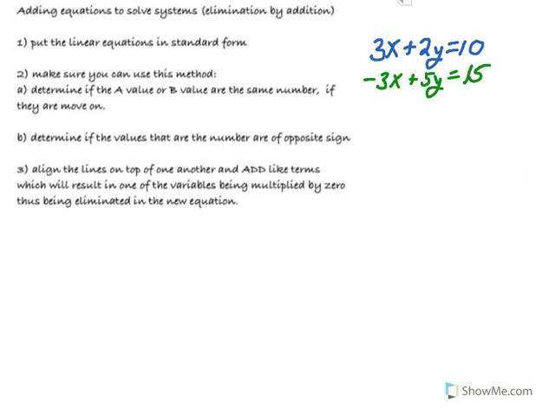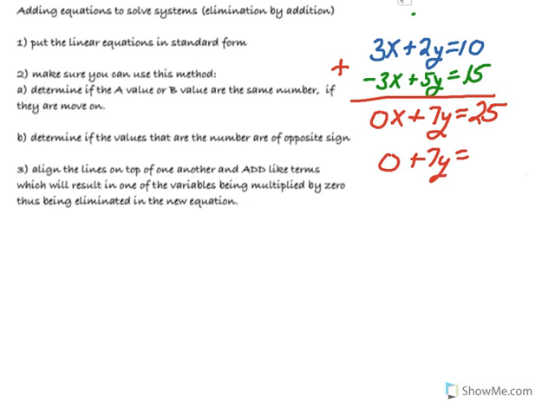For example, 3 plus negative 3 is 0. 2y plus 5y is 7y. 10 plus 15 is 25. 0 times x is 0. 0 plus 7y is just 7y.